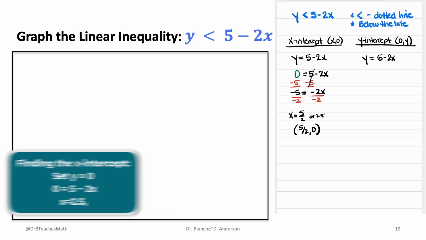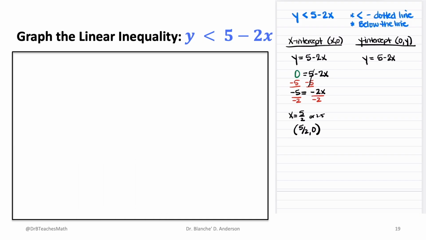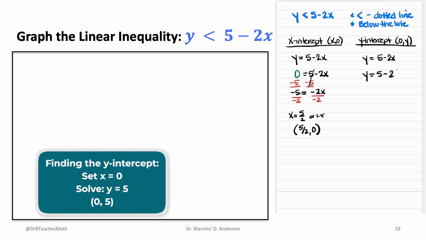Now let's find the y-intercept. That's our other point. We're doing this so that we can graph the line. We know it's going to be a dotted line, and this is our inequality, but we need to graph it. So on this particular side, we're going to set x equal to 0. So I end up with y equals 5 minus 0.